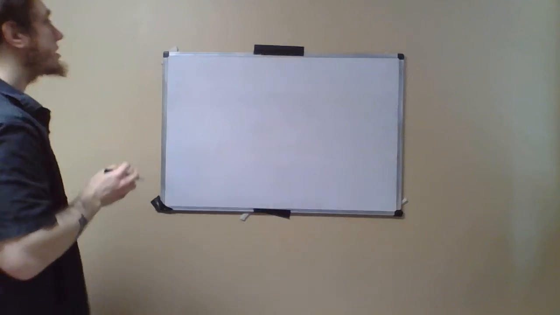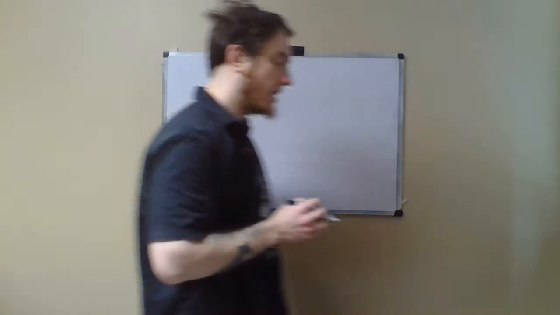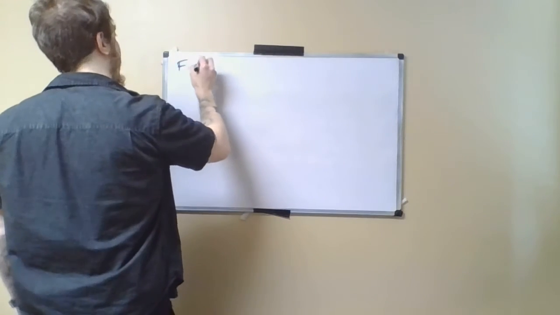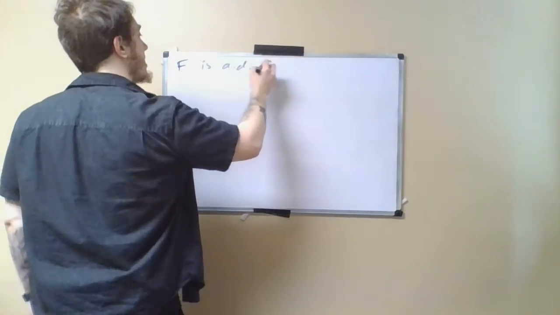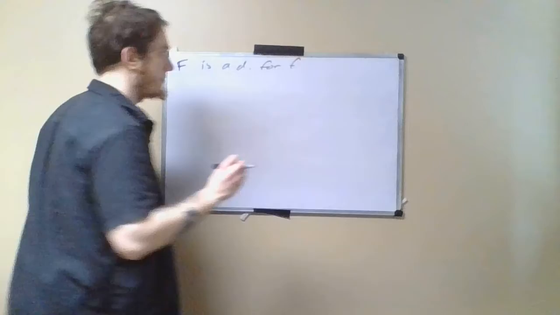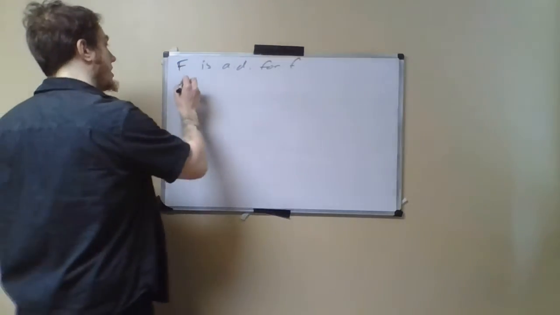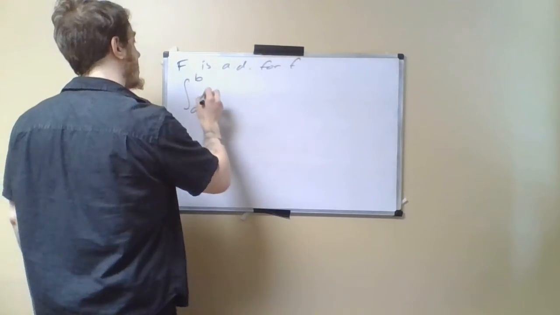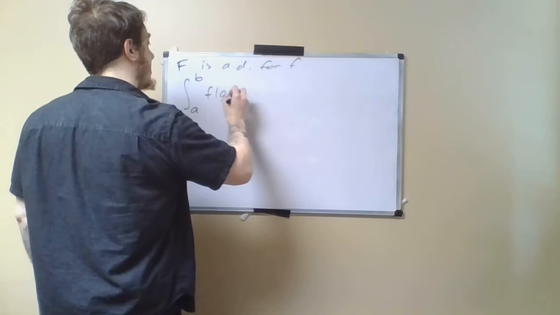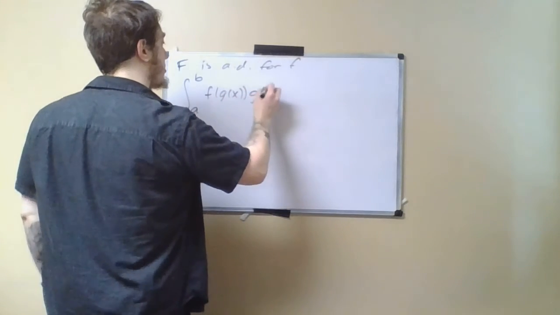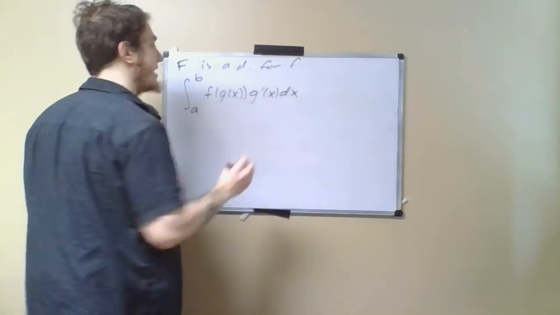So let me explain why this is true. Let's suppose that capital F is an antiderivative for little f. And I want to do the integral from a up to b of f composed with g of x, g prime of x, dx.